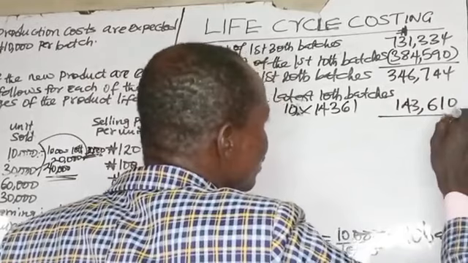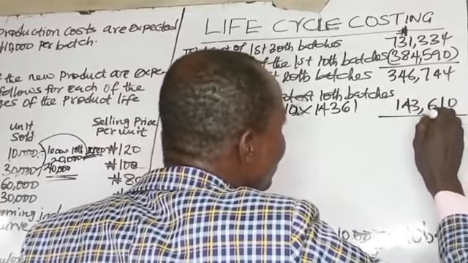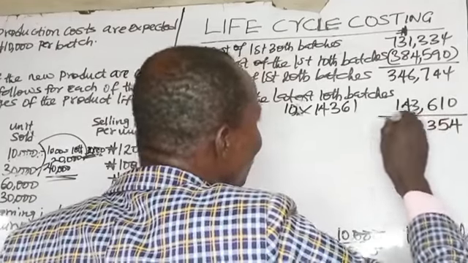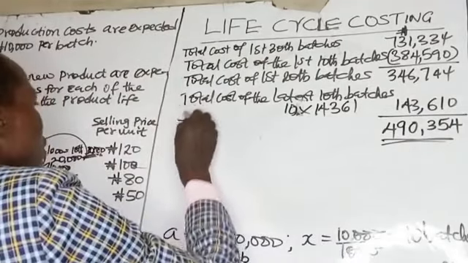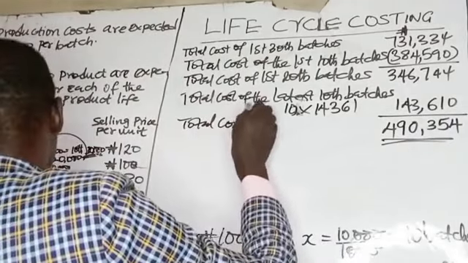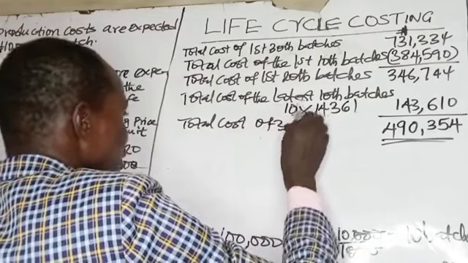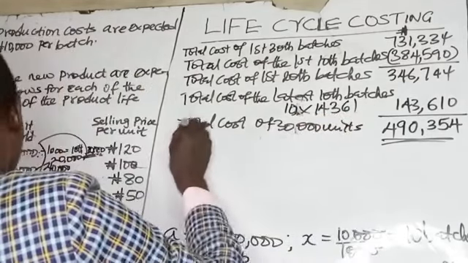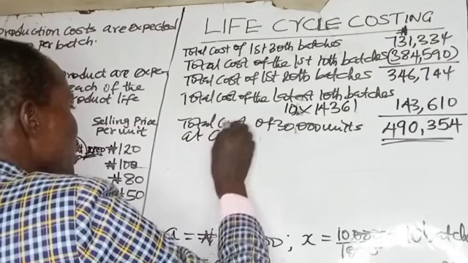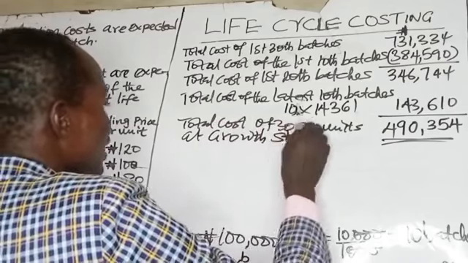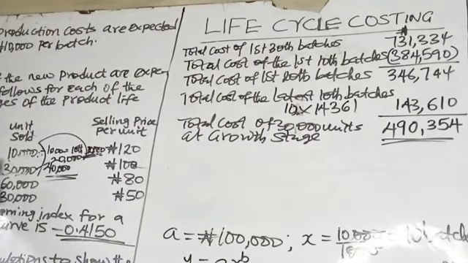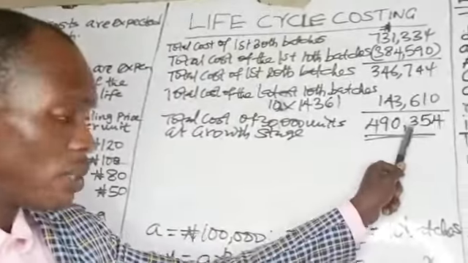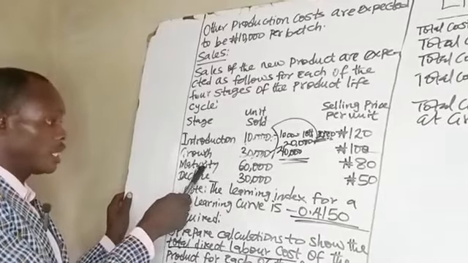If you add it, this is the total cost of 30,000 units at the growth stage. 30,000 units produced at the growth stage. The total cost is 490,351.